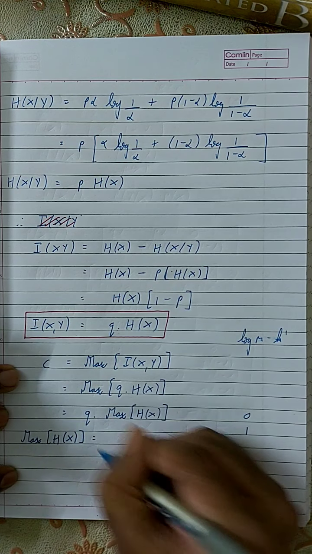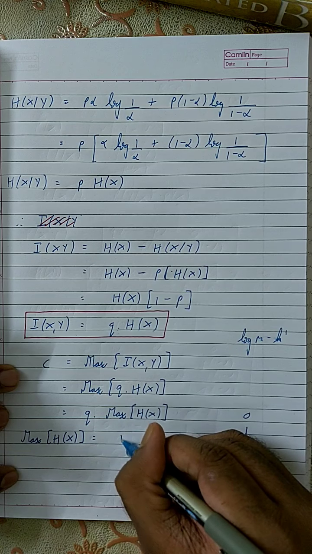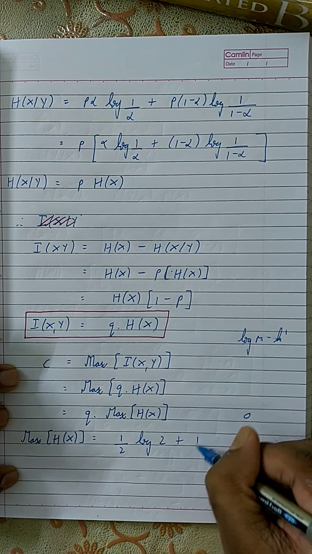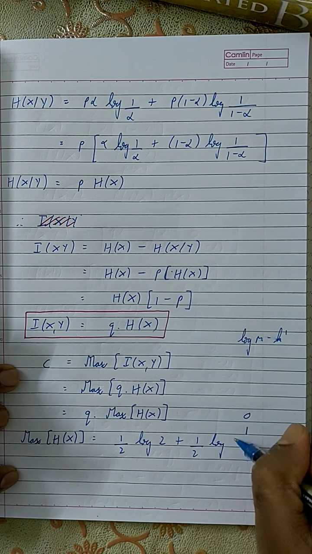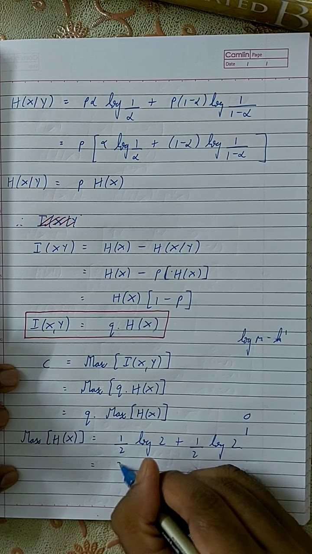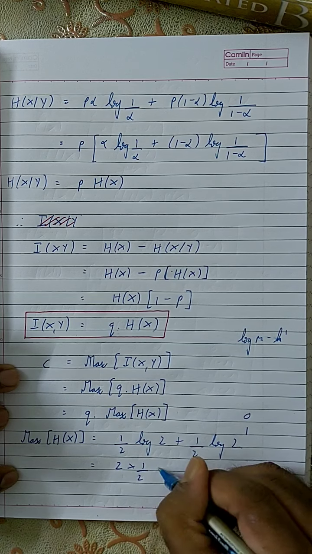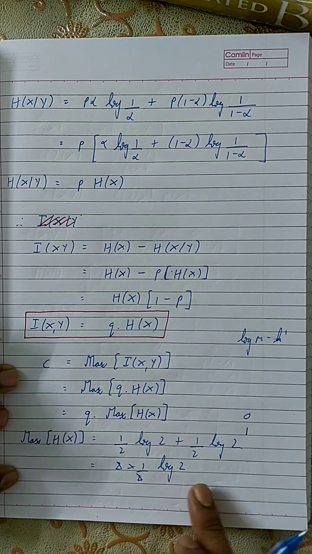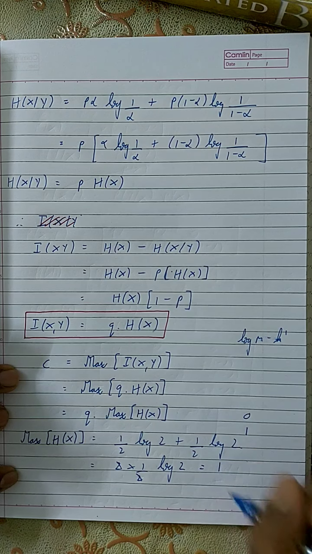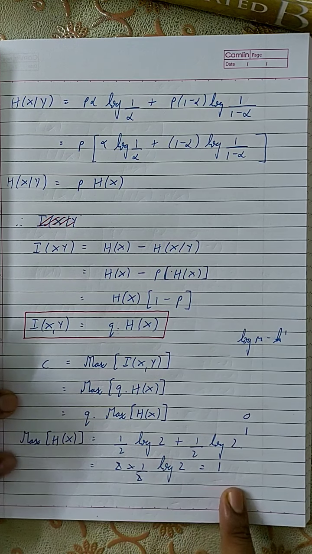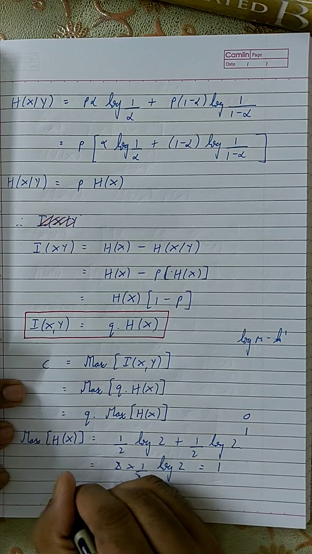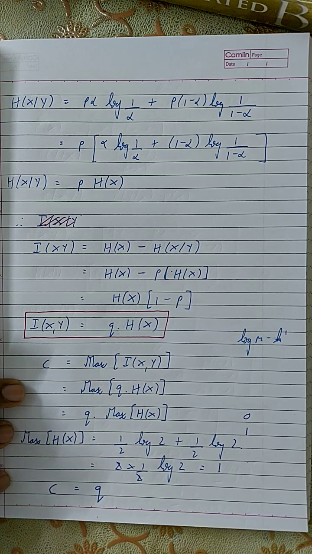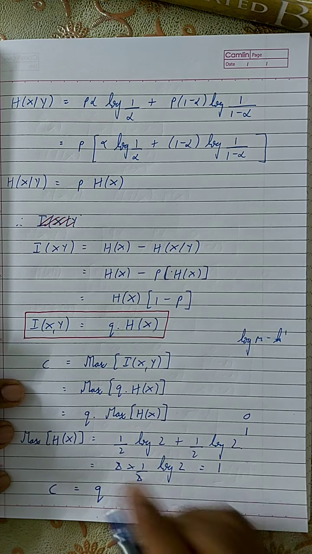The maximum value of H(X) is 1 by 2 log 2 plus 1 by 2 log 2, or in other words 2 into 1 by 2 log 2. The 2 and 2 cancel each other. Log 2 is 1 itself, so the maximum value of H(X) is equal to 1, or in other words the channel capacity is equal to the correct probability q.